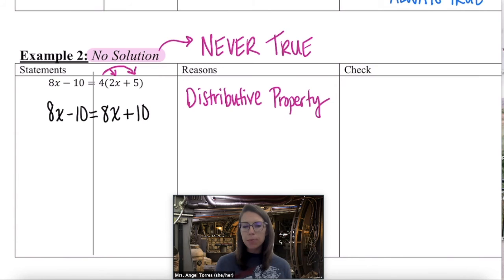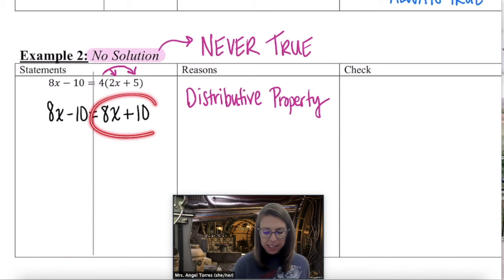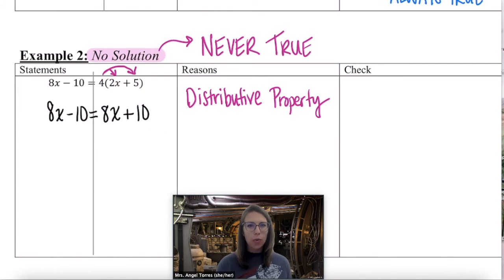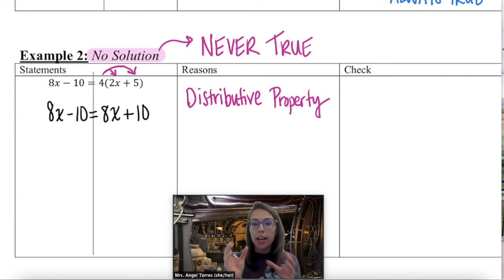Now after we simplify, do you see something kind of interesting here? We have an 8x minus 10 on the left, but an 8x plus 10 on the right. What do you notice? Well, I noticed they have the exact same starting value. They both start with the product 8x. But unlike example 1, they have two different changes.